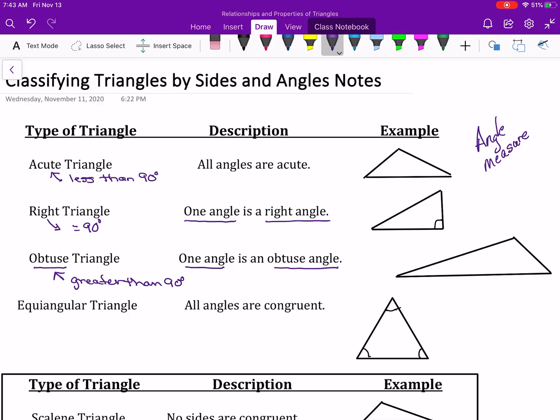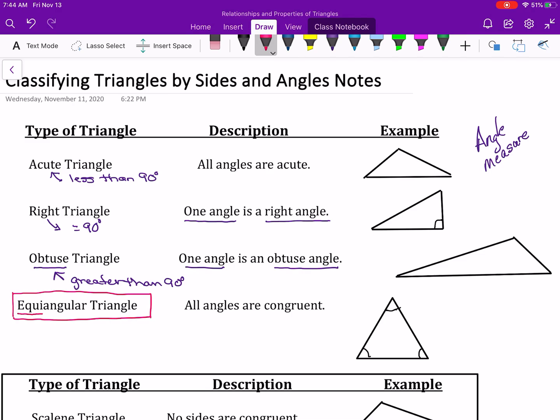The fourth name is a specific name for a specific kind of acute triangle. If all three angles are less than 90 and they all happen to measure exactly the same, and that's what those arcs in the three corners mean, all three angles are congruent, then we're going to call it an equiangular.